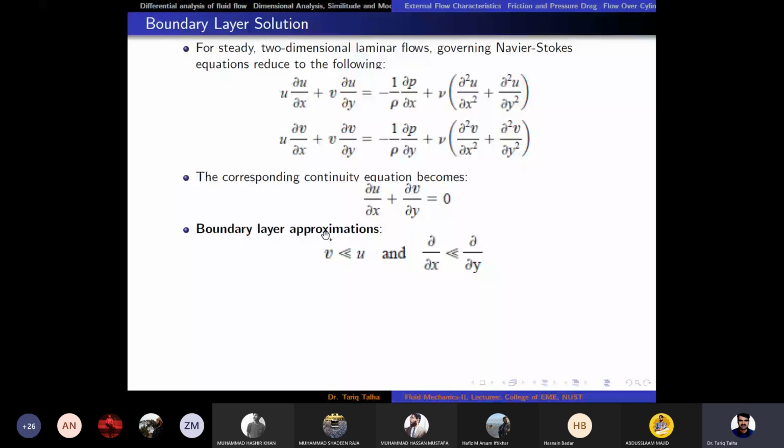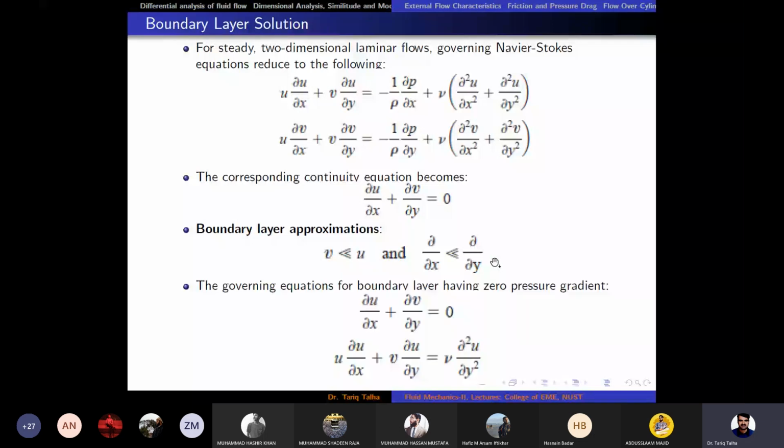And the second is that the wall normal velocity gradients within the boundary layer are far greater than the gradients in the x direction. If we put these two assumptions here, then it is quite easy to see that yes.